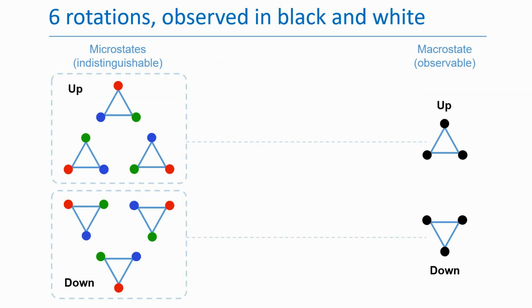In this case, the observer cannot distinguish colors, but can distinguish vertex up from vertex down. In other words, the state space is partitioned into 2 subsets, and each subset constitutes a different macro state or a different observable state. An observer is able to perceive which macro state the object is in currently.